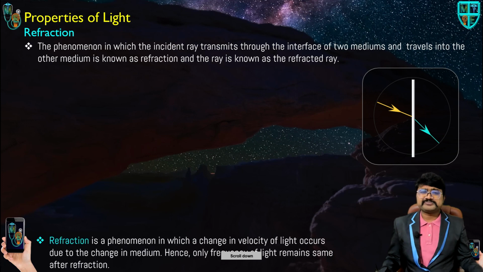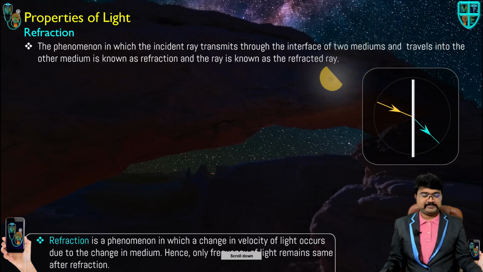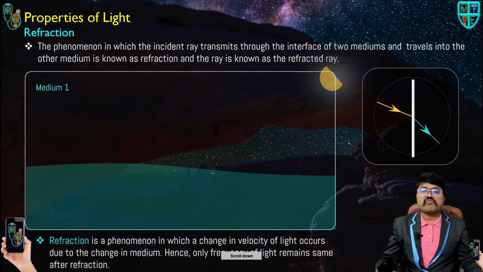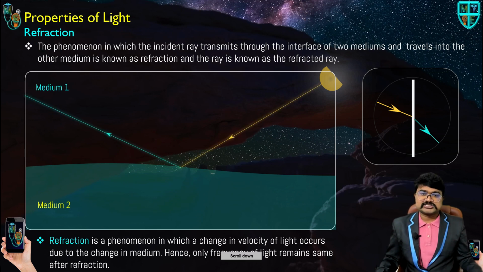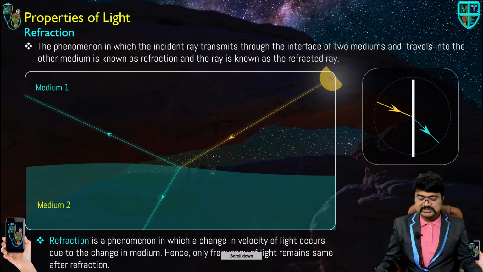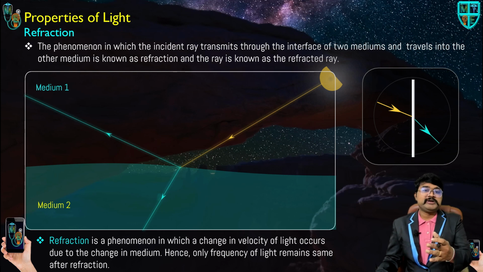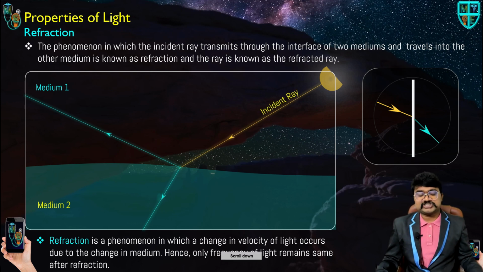Here the ray transmits into the other medium, medium 1 and medium 2. Some amount of light incident on the surface will be reflected from the surface, and some amount of light will be refracted, transmitted into the other medium. That phenomenon is nothing but refraction.